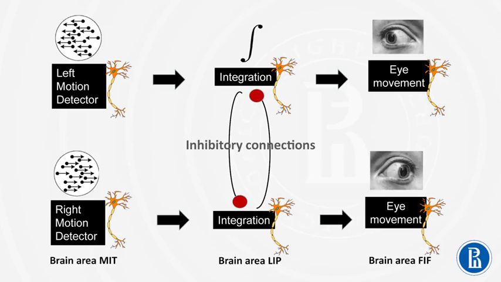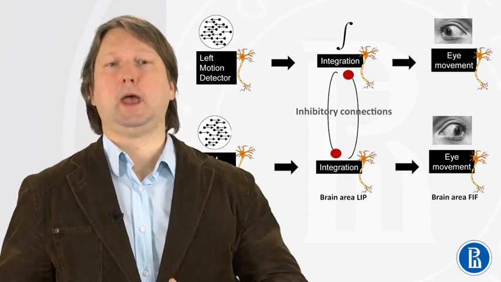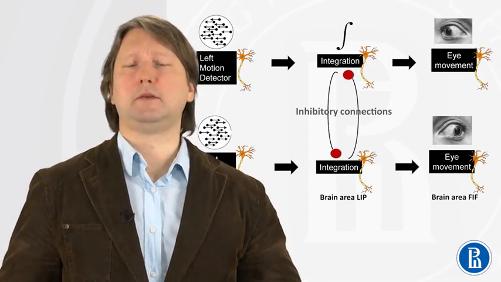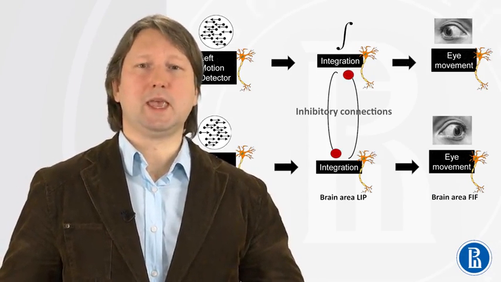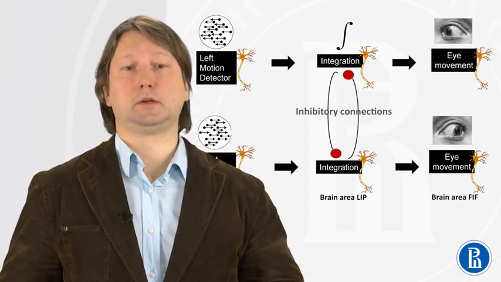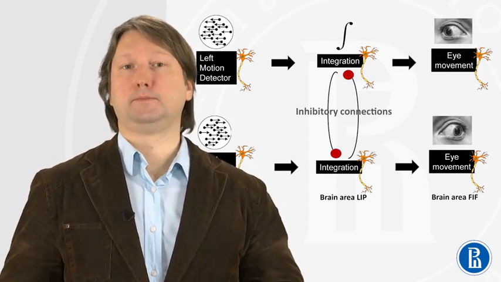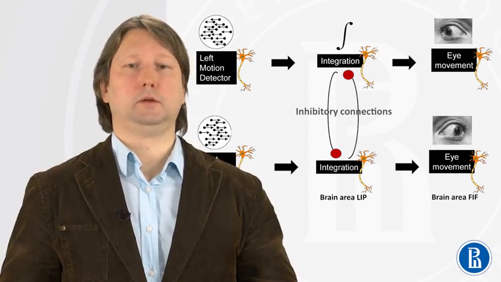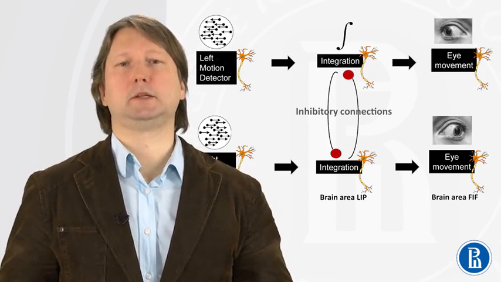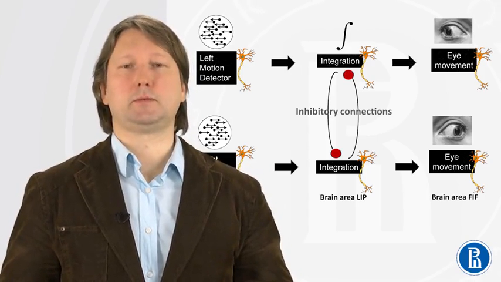They will send information to the brain area, the frontal eye field. And neurons in the frontal eye field will switch the gaze into the specific direction, switch gaze left. So this simple model can actually explain the decision-making process during perceptual decisions.